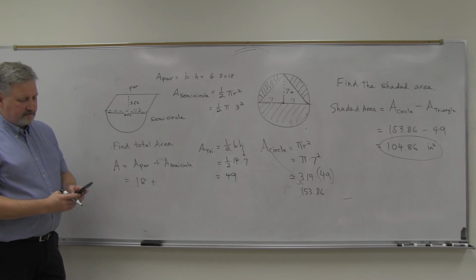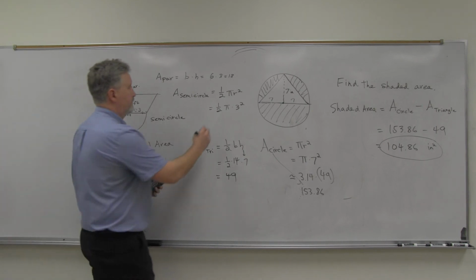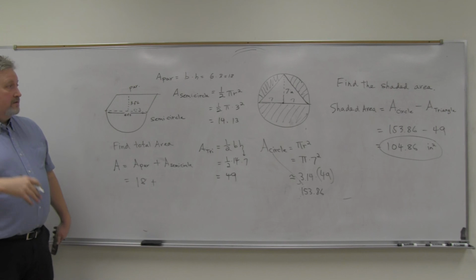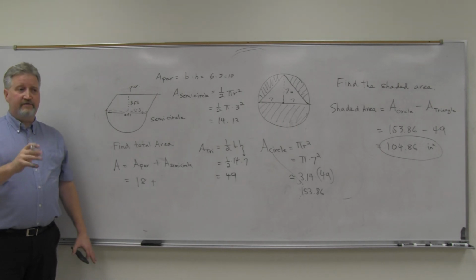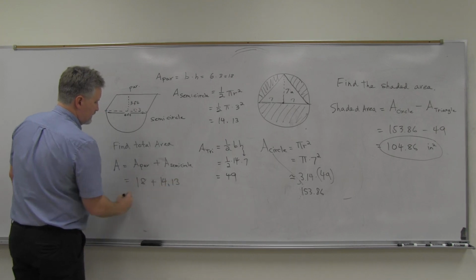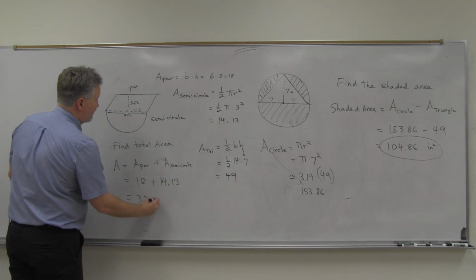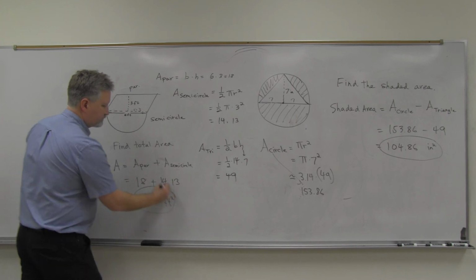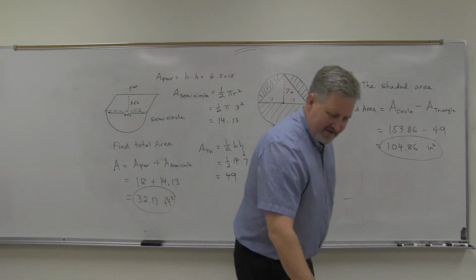I get 14.13, or 14.14 if you round it. If you use your pi button, you may get a slightly different value there. So you got 32.13, and that would be feet squared. Okay. All right.